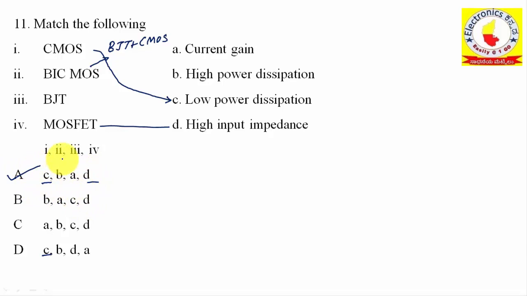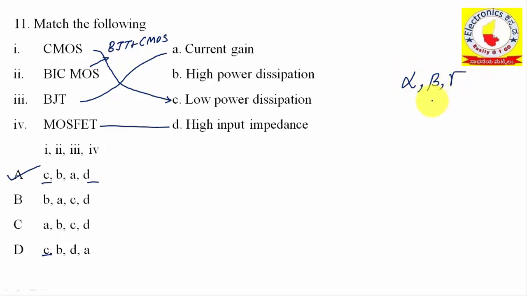In the case of BJT, we are going to speak with respect to current gain. That current gain you are going to represent as AI, with the parameters alpha, beta and gamma.